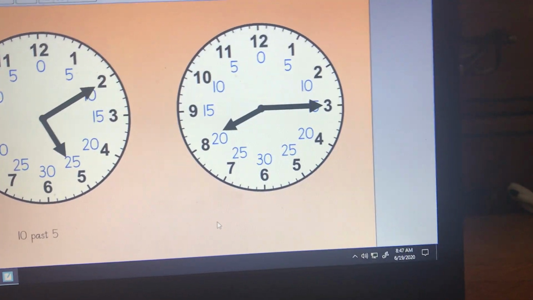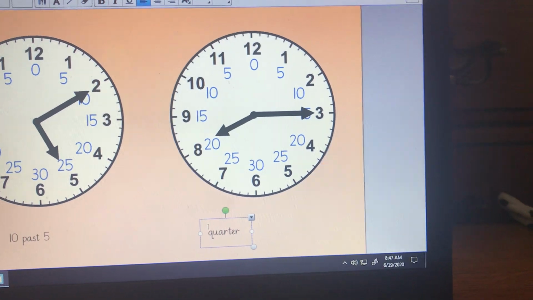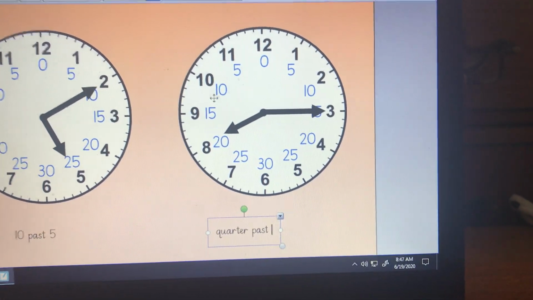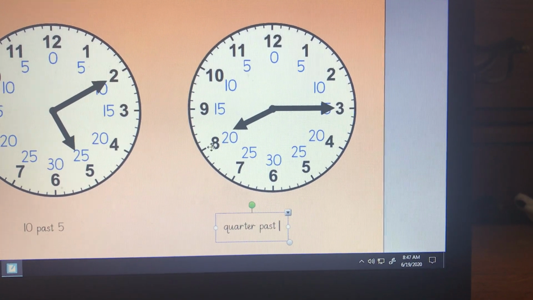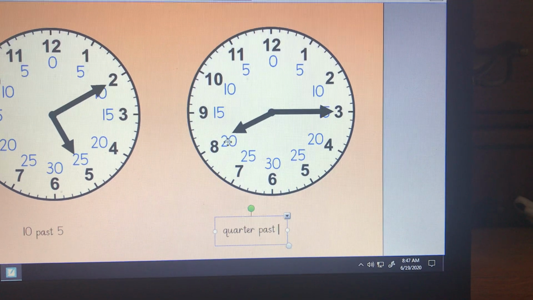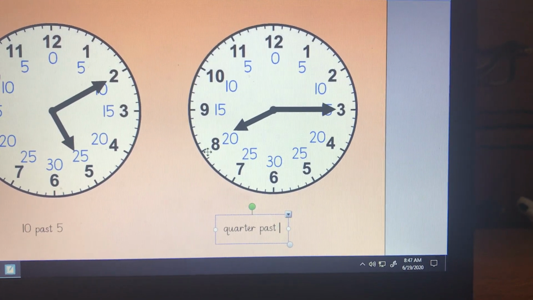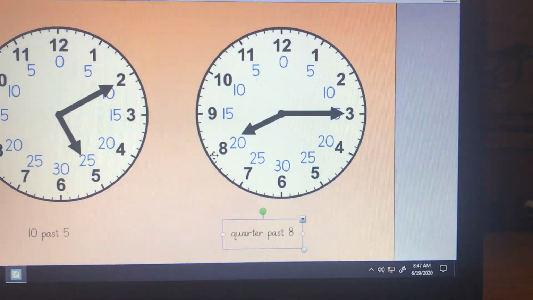So again, if I try and type while I'm holding the camera, we would say quarter past, and then the hour hand here is pointing to the 8 and also the 20, but remember the 20 refers to minutes. We are pointing at the 8. So we would say quarter past 8.